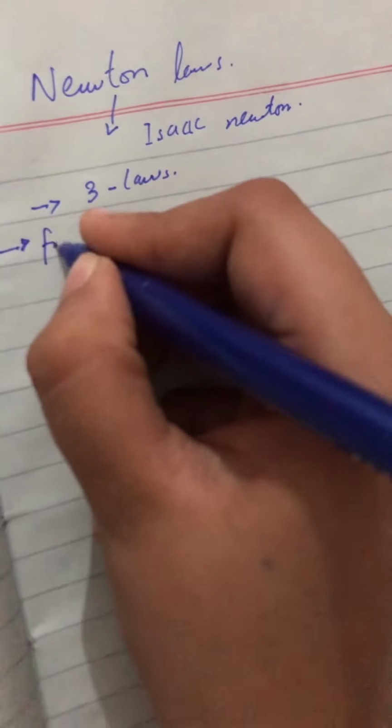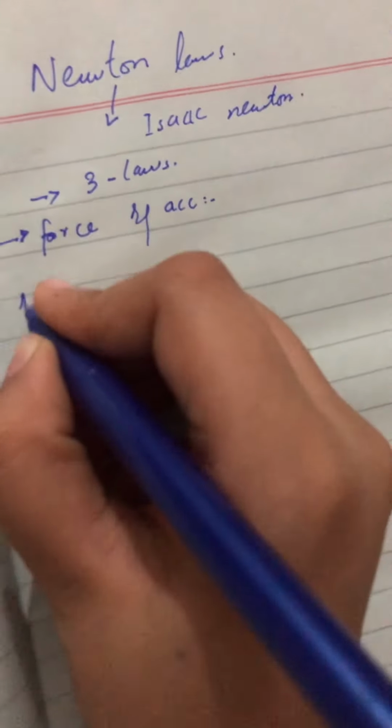This is Newton's laws. These laws were given by Isaac Newton. Basically, he gave three laws, and these laws are about force and acceleration.